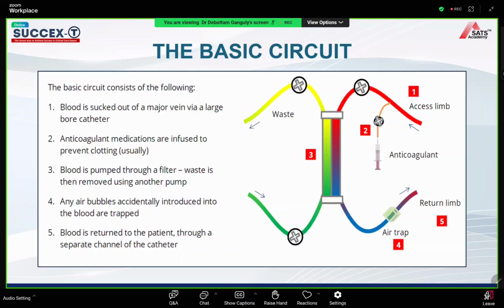There is an access limb, a return limb, and a filter. One is the access limb, three is the filter, and five is the return limb. Just remember this picture. Now I will come one by one, and every circuit and every modality you can understand from these three only.